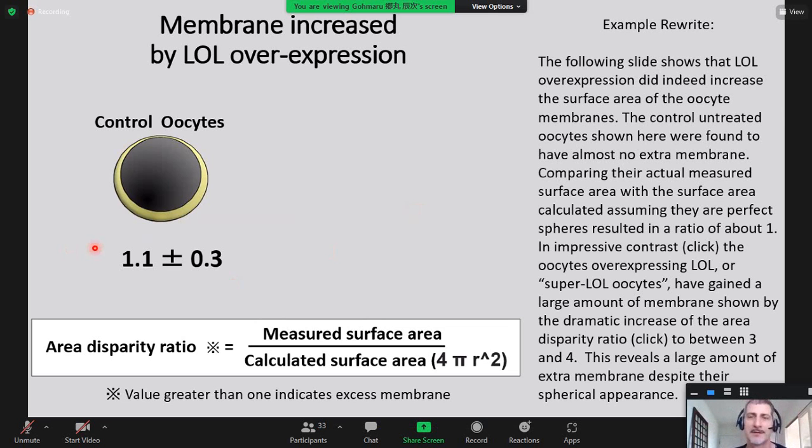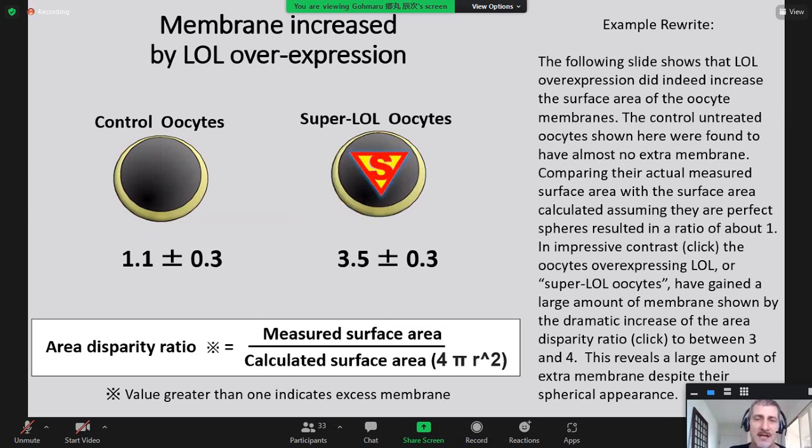They have no extra membrane. Then I finally show you the experimental group, and I describe it not as injection of mRNA, but the result of that injection, which is overexpression of the gene. This is a more important concept for the audience to be thinking about. The result we see is a result of the gene overexpression, not a result of directly injecting, right?